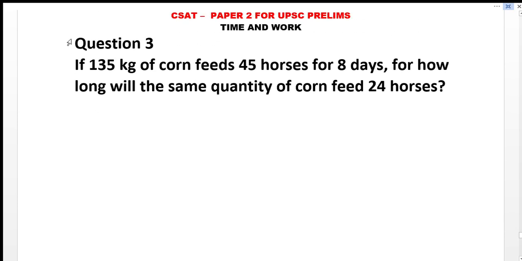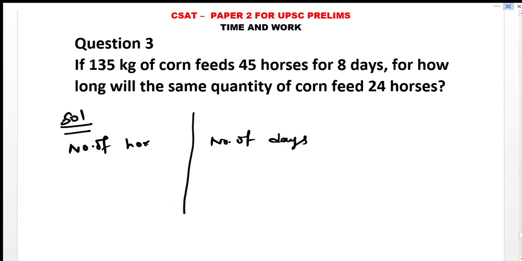Solution: number of horses, number of days. For 45 horses, the number of days is 8.